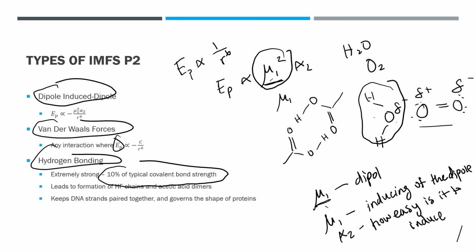So these are just examples of hydrogen bonding in use. And obviously we know hydrogen bonding is in water and stuff like that. But some more interesting examples are the dimers that are formed with acetic acid, because you can see that this lone pair on the oxygen is attracted to this hydrogen.